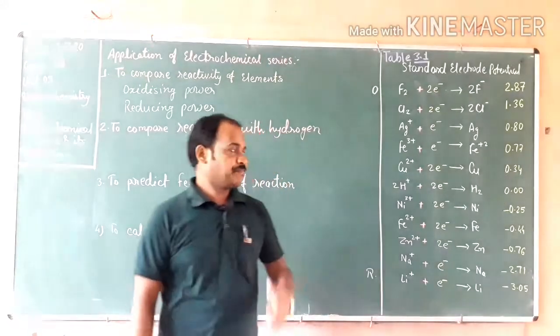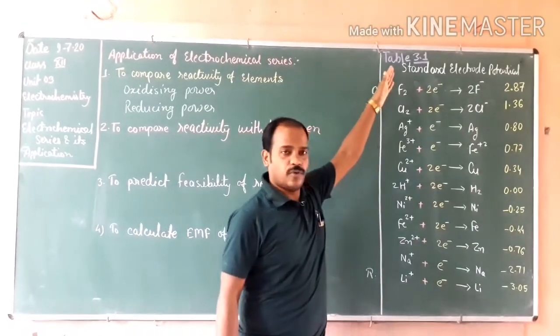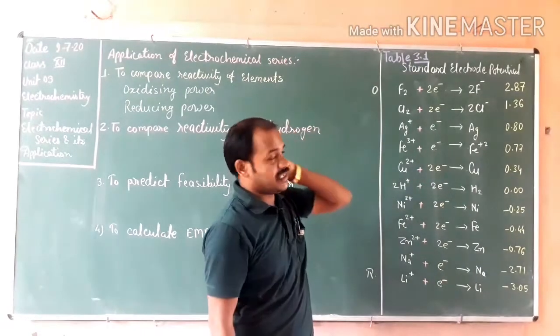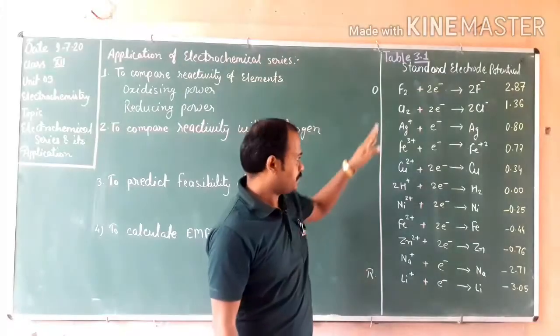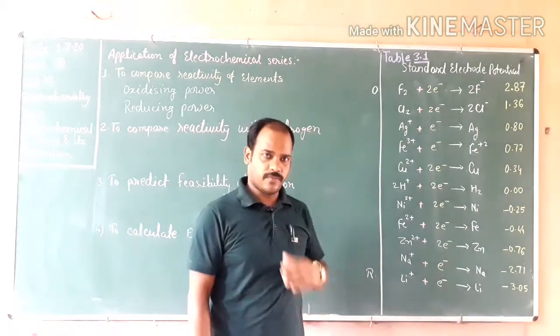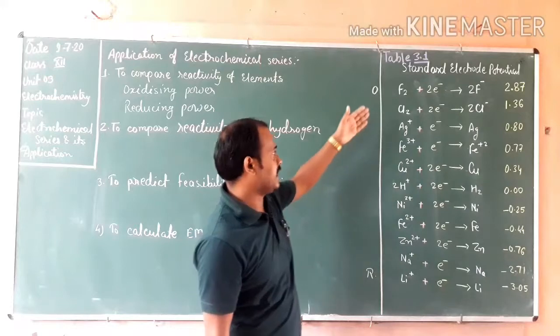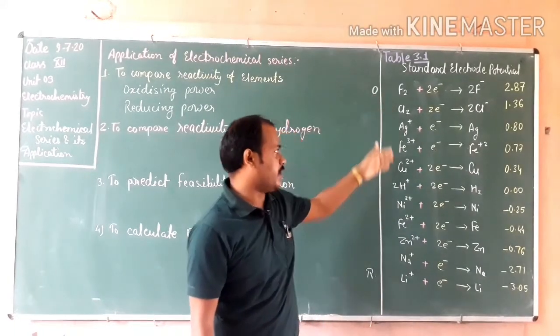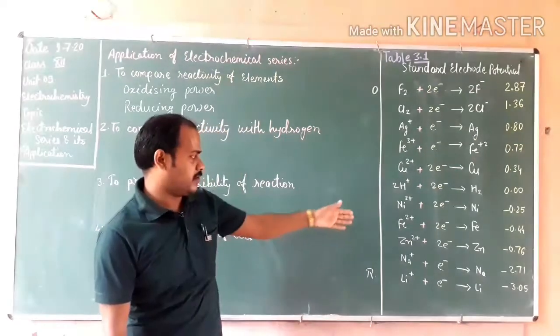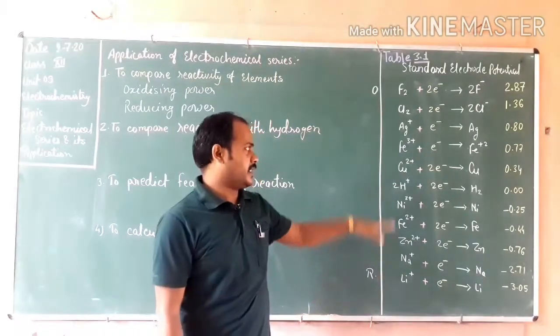So now students, see here in your book in table number 3.1, this electrochemical series is given. For today's discussion I have selected some elements from that series. These elements are fluorine, chlorine, silver, iron, copper, hydrogen, nickel and some more elements.